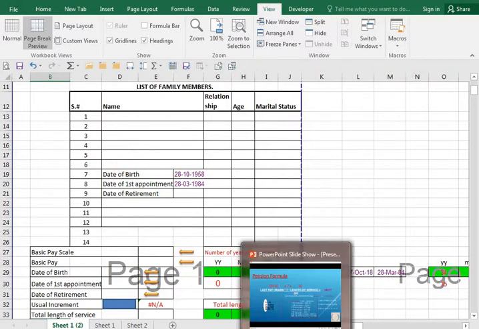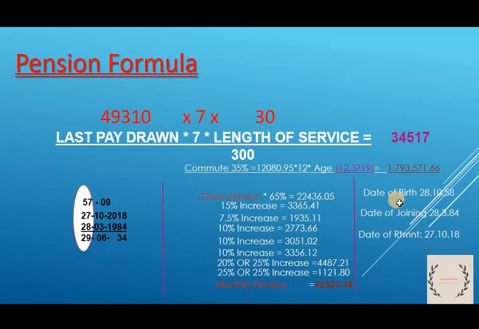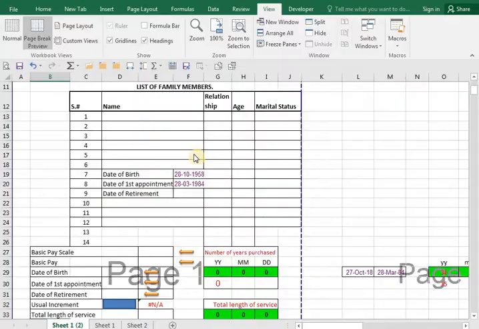So here the basic pay of this individual is 49,300. He is retiring in BPS basic pay scale 16, 49,390 probably. I think so.